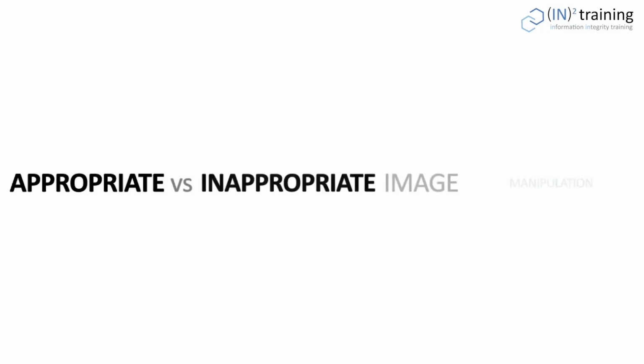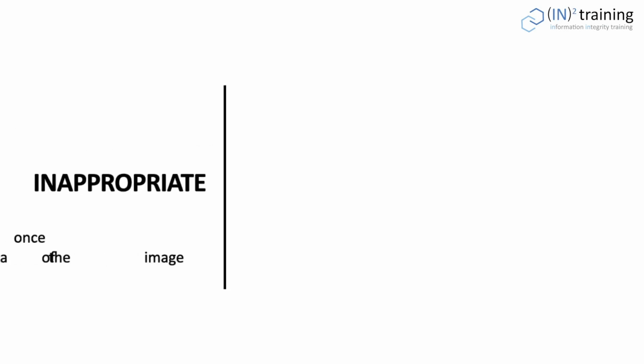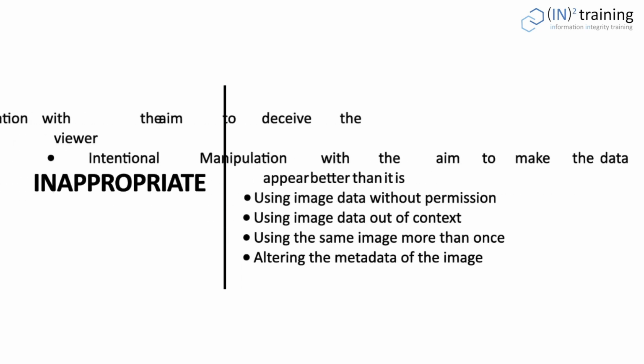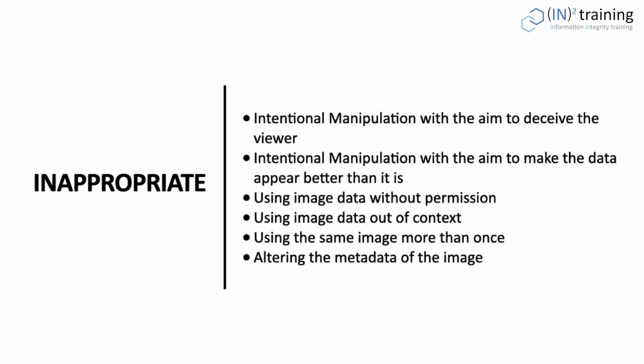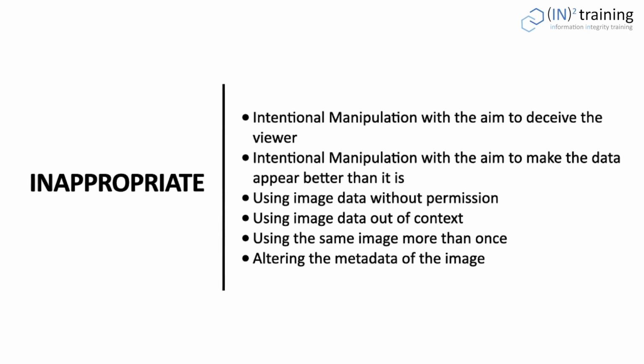So what forms of image manipulation have to be considered inappropriate? Certainly all forms of manipulation that are intentional with the aim to deceive the viewer, where images are fabricated, where data is made up to simulate results and so on, like for example in the infamous WAN case. Image manipulation is to be considered inappropriate when it aims at making the data appear better than it is, when images are enhanced or beautified and cleaned up, to let the results appear in a way that affects the data and the interpretation of the data.